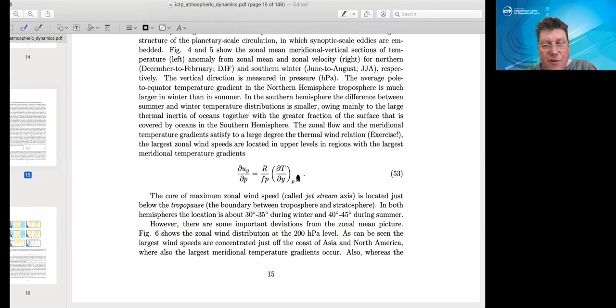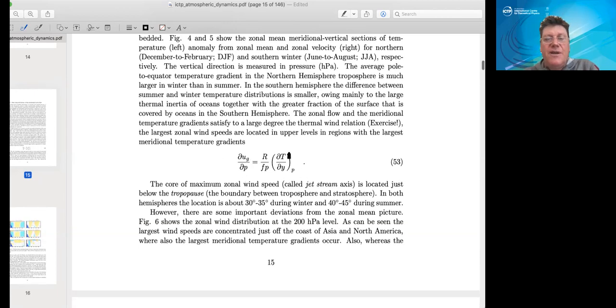And of course, you can derive a similar equation for the meridional component of the wind, which is then related to the zonal temperature gradient. Only that for our case here, this equation is more relevant because we have averaged out all the zonal differences. So this is a very, very powerful diagnostic equation that is always valid.